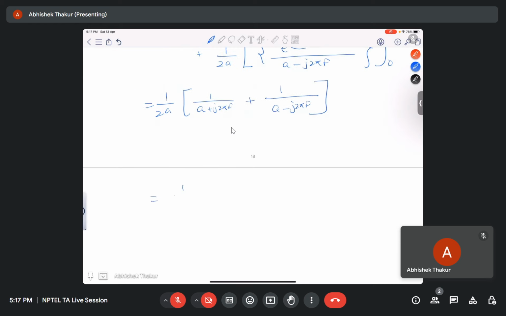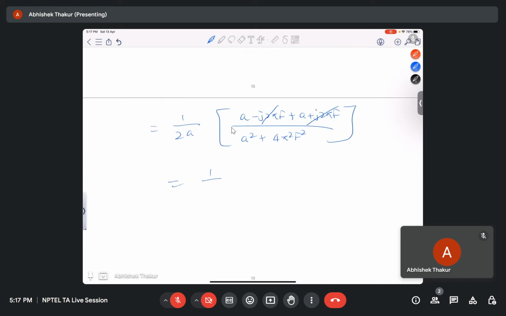So this is equal to 1 by 2a, times (a minus j 2 pi f plus a plus j 2 pi f) divided by a squared plus 4 pi squared f squared. So this term will get cancelled. So the answer will be 1 by 2a times 2a divided by a squared plus 4 pi squared f squared.